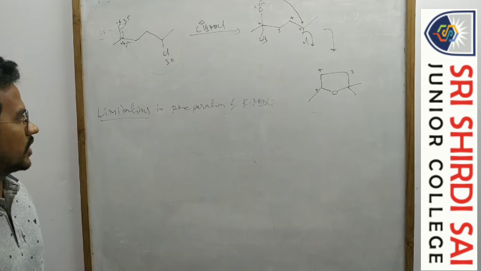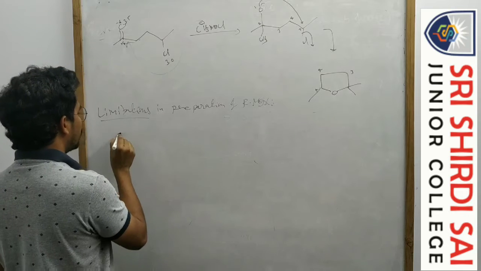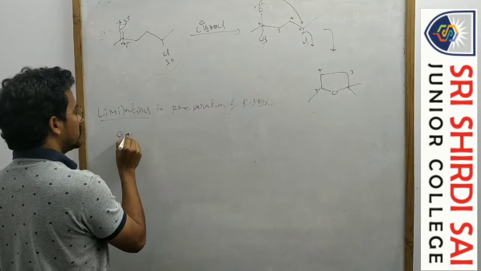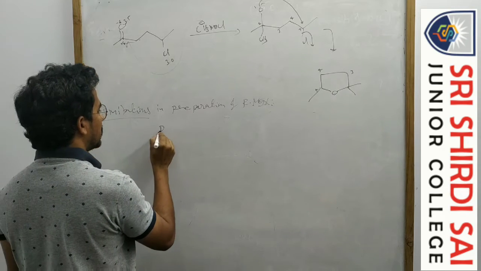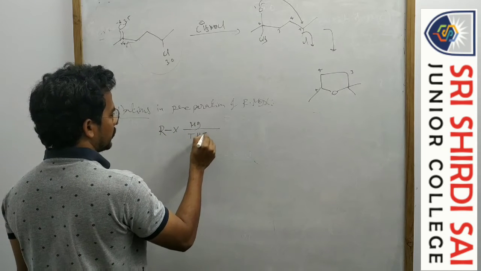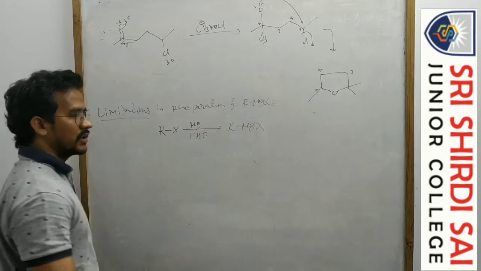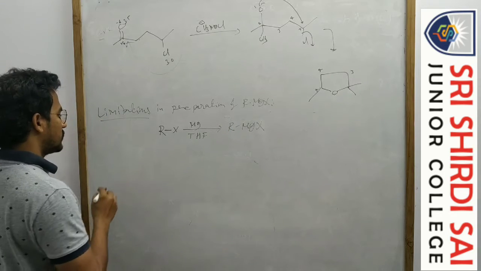What conditions do we have to follow in the preparation of RMgX? The preparation method is: alkyl halide treated with magnesium in tetrahydrofuran solvent, and you will get the RMgX.